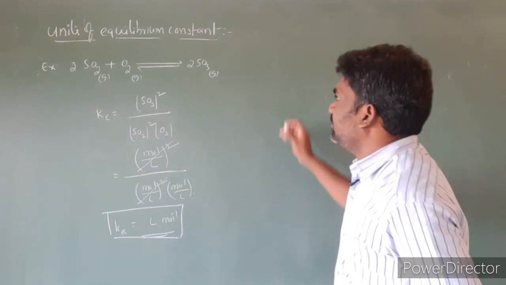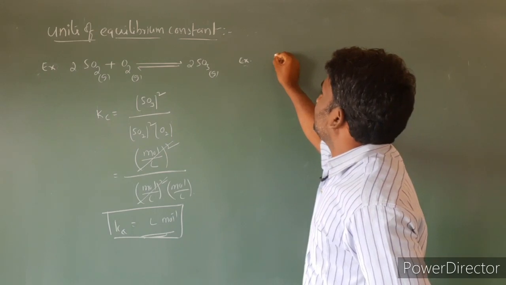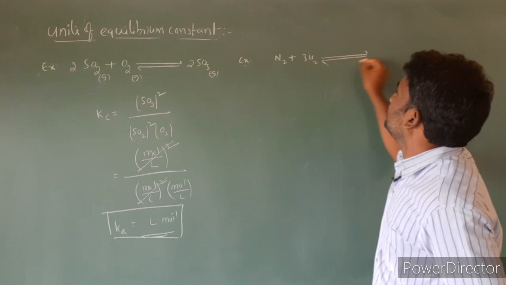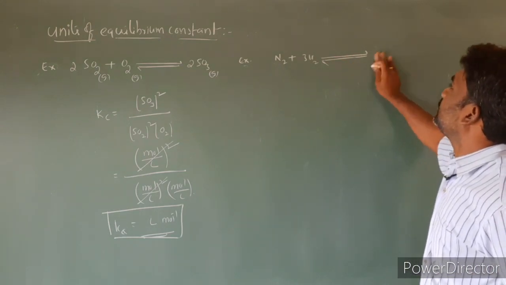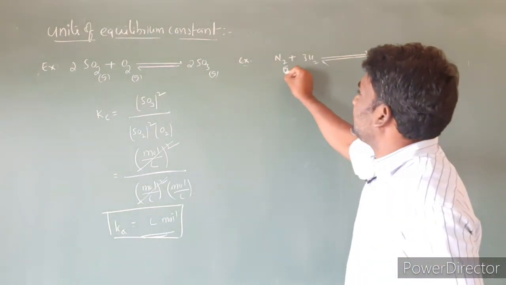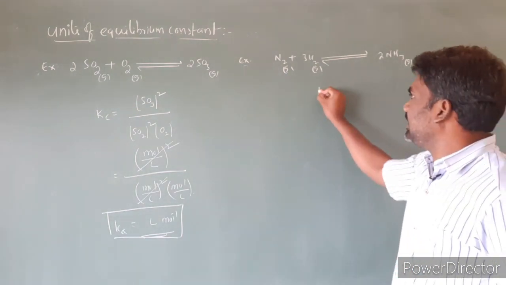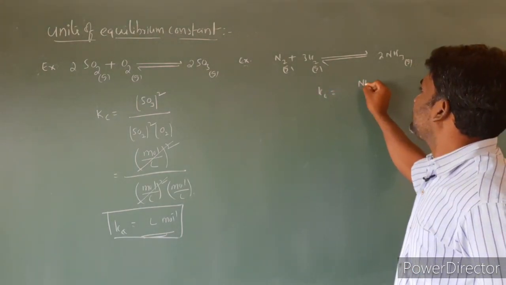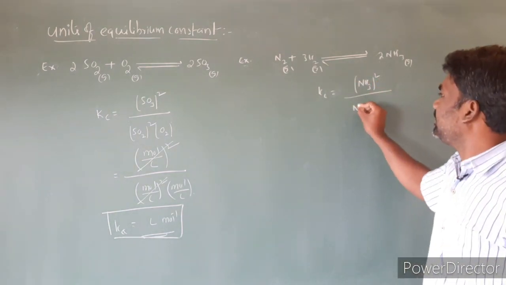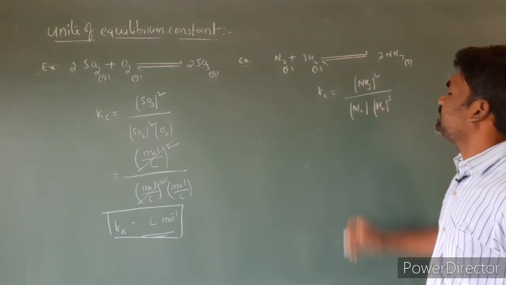Let us take one more example. I am taking N2 plus 3H2 gives rise to 2NH3. All are gases. We have to write the equilibrium expression for this equation: NH3 concentration power 2 by N2 concentration and H2 concentration power 3.